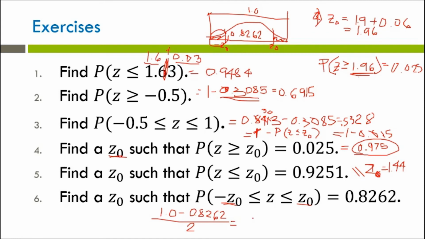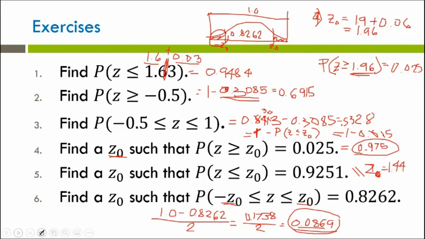This would be 8, 3, 9 minus 2, 7, 9 minus 8 is 1. So that's 0.1738 divided by 2. So we'll get 0.0869, which means we'll have to find a z value whose area is 0.0869.